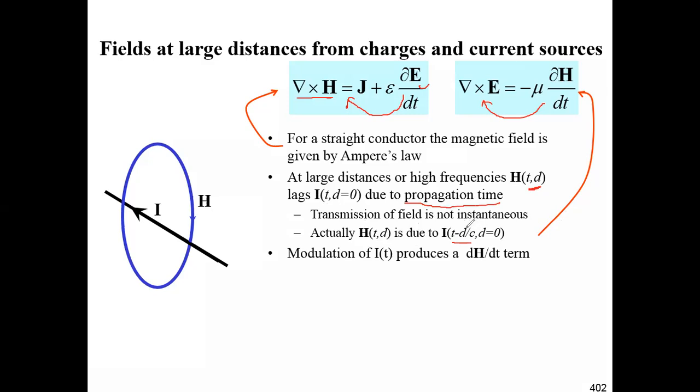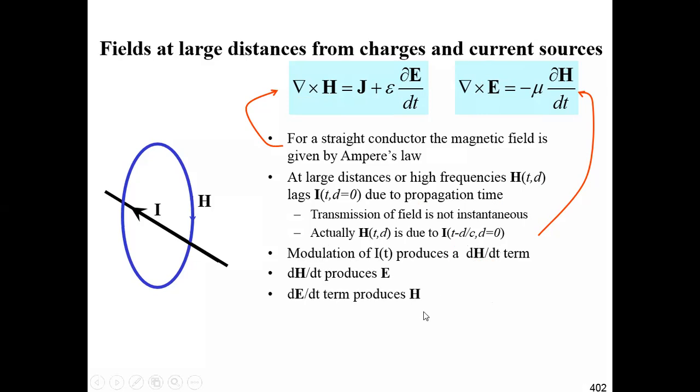So this is the very, very important point here: the modulation of current is producing the rate of change of this magnetic field. And similarly, the variation of the electric field with time is producing the H. So this is what these two statements mean.